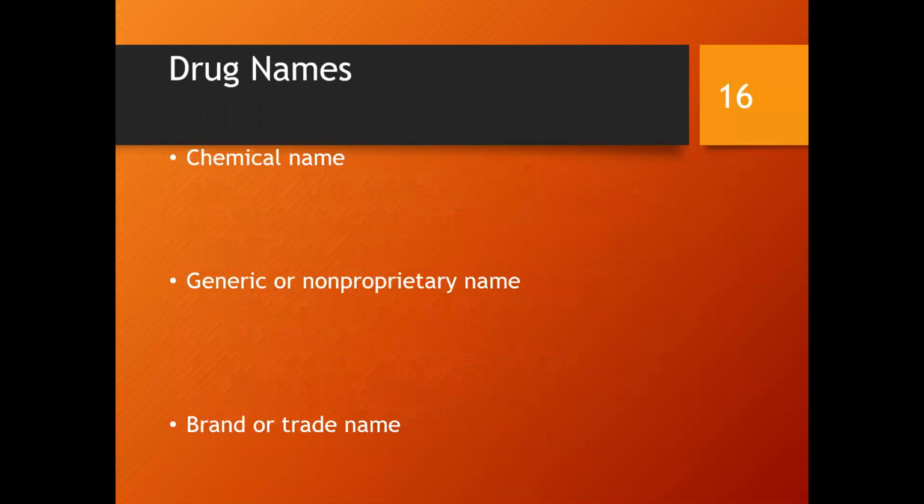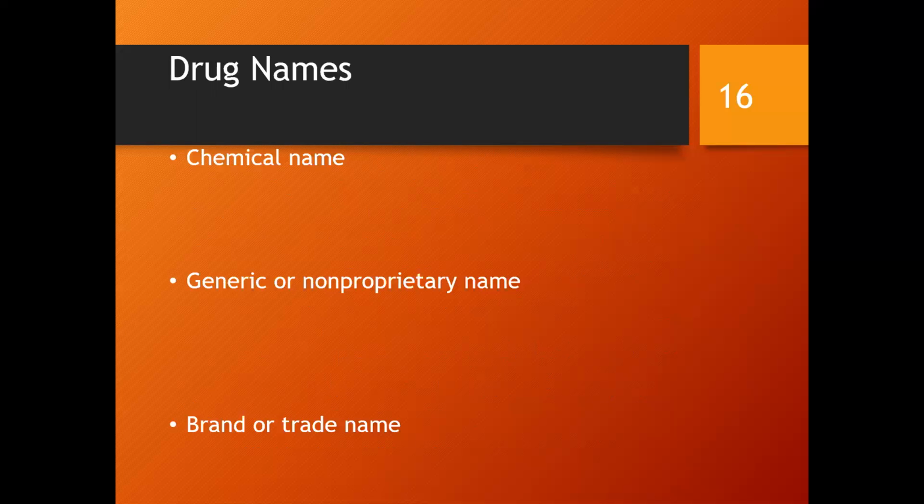Drug names. Drug names start with a chemical name. Then there's the generic or non-proprietary name. In your drug book, it's alphabetized at the top, and usually they're by generic or non-proprietary names, okay? Then there's the brand or trade name. It's in the red box in your drug book, and it shows all the different brands that people are making.